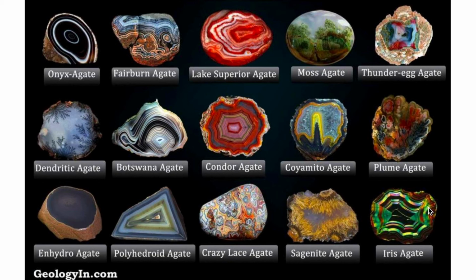For instance, this dendritic agate has dendritic manganese crystals that were trapped within the crystallizing quartz. These are some very beautiful examples, but all of them share that same feature of being banded and having formed via filling in these empty spaces in other rock.